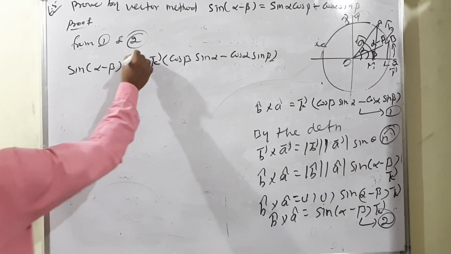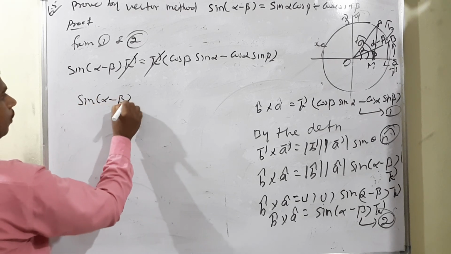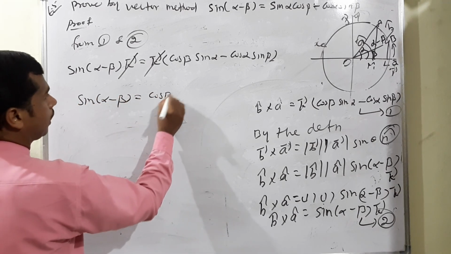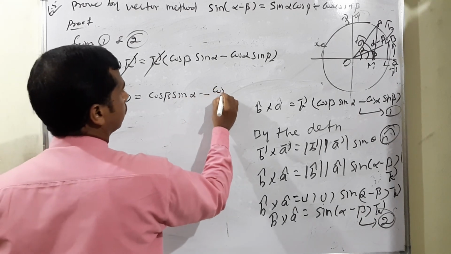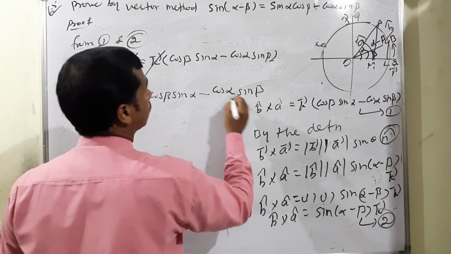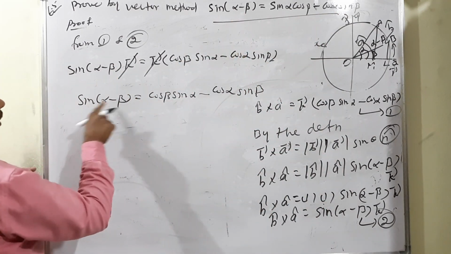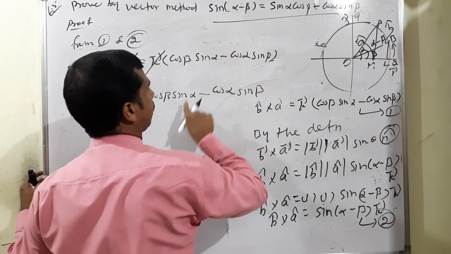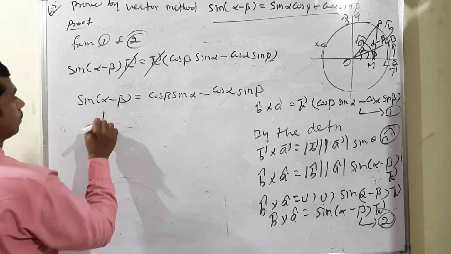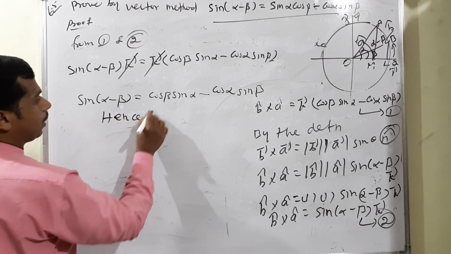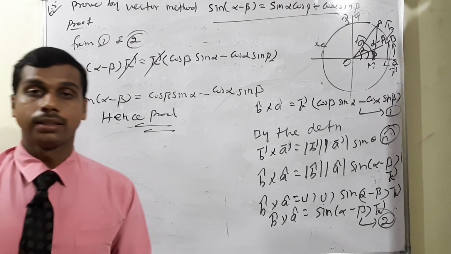So k vector cancels, which means sine of alpha minus beta is equal to cos beta sine alpha minus cos alpha sine beta. Look there, this is our proof. Sine alpha minus beta is equal to sine alpha cos beta minus cos alpha sine beta. Hence proved.